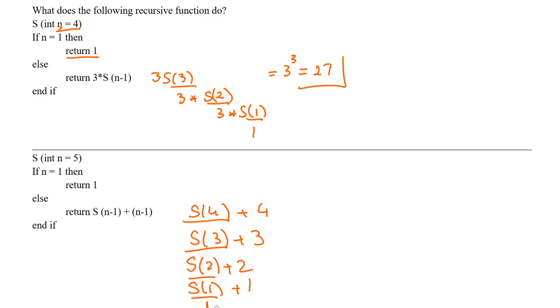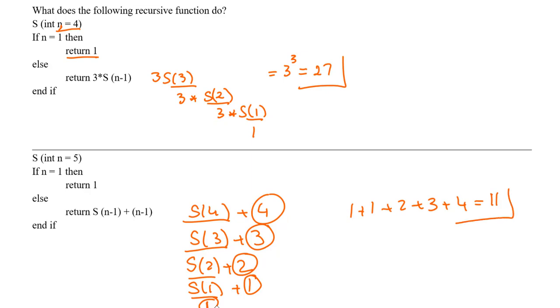So basically what I'm returning is 1 plus 2 plus 3 plus 4 plus 5, which is 15. And this is how we trace s of n using recursive definition. I hope this is helpful.